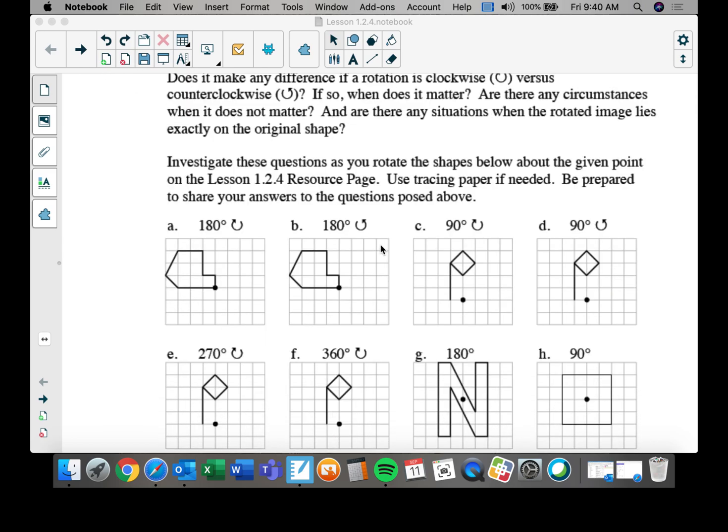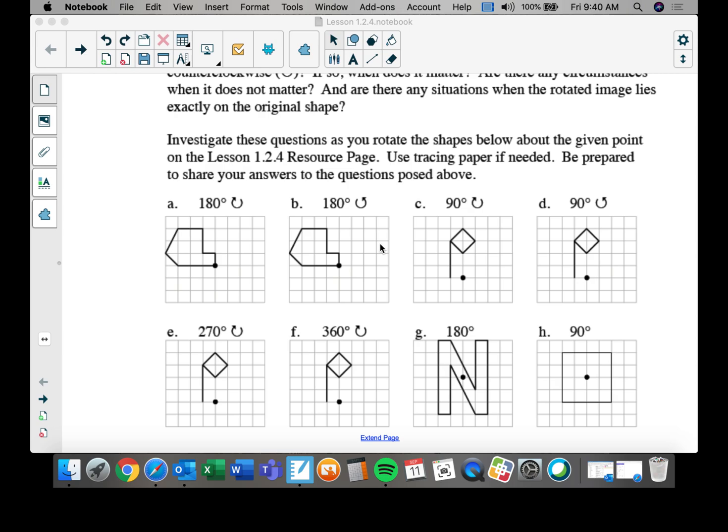I'm going to have you use your patty paper, your tracing paper, to do these problems. So what I want you to do in part A here is take your patty paper, put it over the top of this shape, trace the shape on the patty paper, and then make sure you put the point of rotation there as well, which happens to be the corner of the shape.